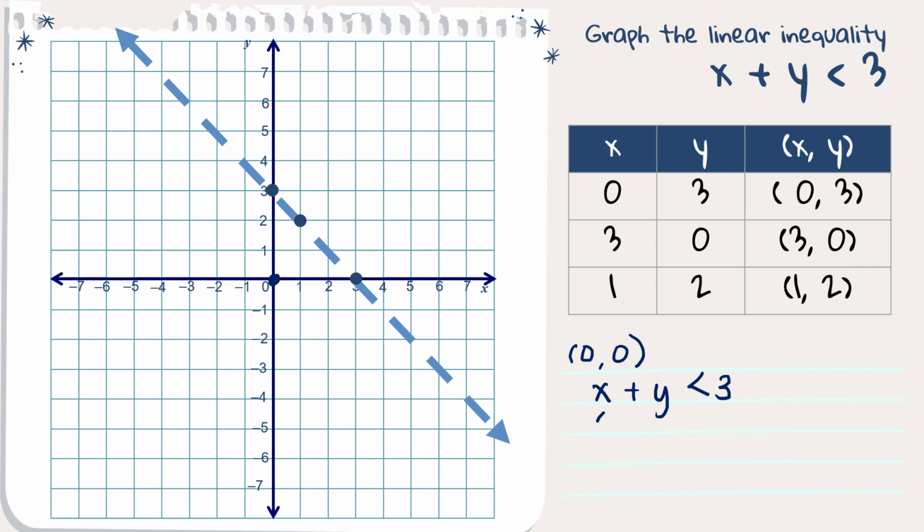Therefore, we have 0 plus 0 is less than 3. What is 0 plus 0? Correct. That is 0, and 0 is less than 3. Since our statement for 0, 0 is true, therefore, we are going to shade the region below the line.